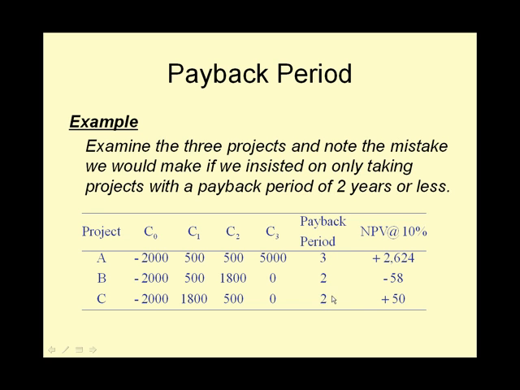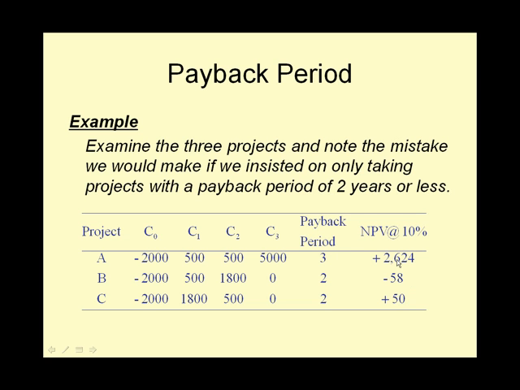So according to the payback period criterion, projects B and C look equivalent, and both of them look to be superior to Project A. But if we were to calculate the net present value of these three projects at a discount rate of 10%, Project A is by far the superior project, generating $2,600 in NPV. Project B has a negative NPV, and Project C has a small positive NPV.